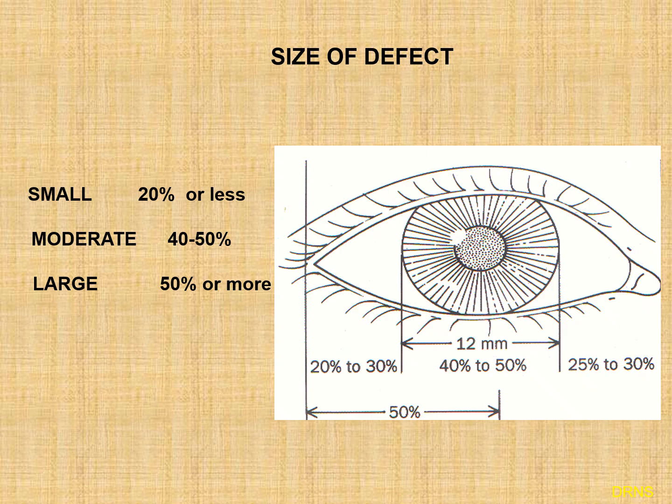Size of the defect can be small if it is less than 20% of the length, moderate if it is 40 to 50%, large if it is more than 50%.